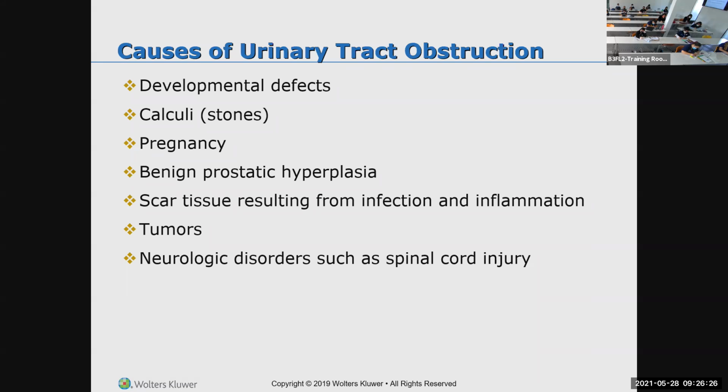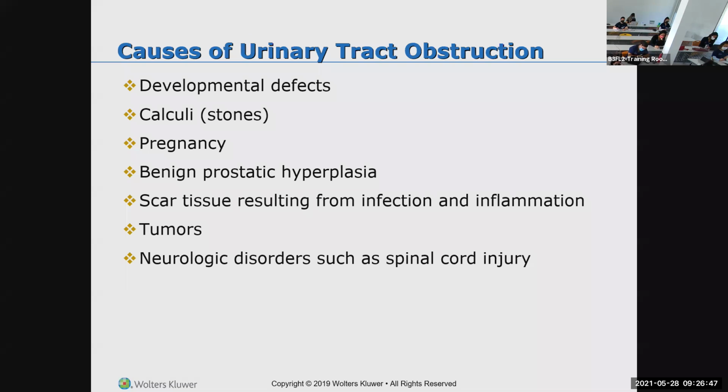Pregnancy: in some females, they do have obstruction in late-term pregnancy, maybe if the mother is suffering from diabetes. So pregnancy also causes urinary tract obstruction.